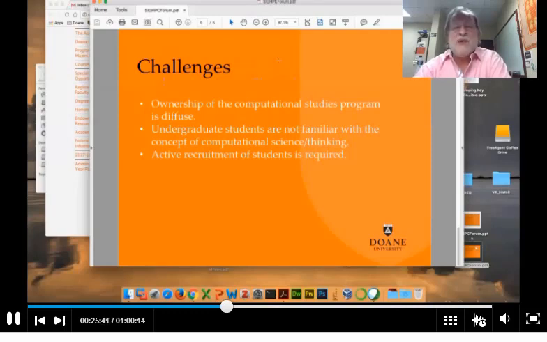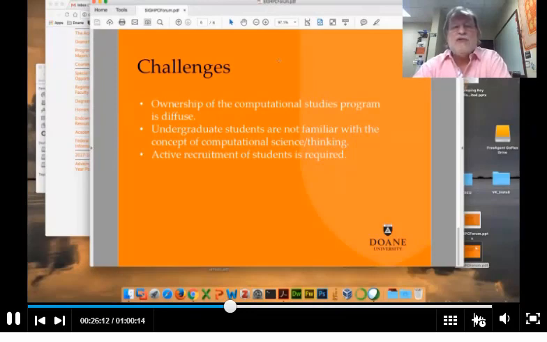And so we had a lot of cooperation and conversations when we were designing the minors, but to a certain extent, since they've gotten into the catalog, we haven't remained in communication quite as frequently as we probably should. So that's one challenge, is to get faculty in all the different disciplines together, and to keep our focus on what we're trying to do.